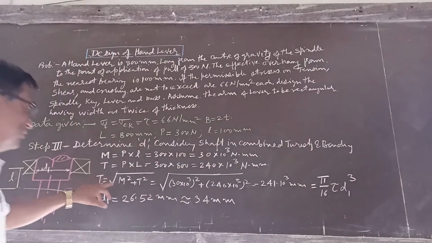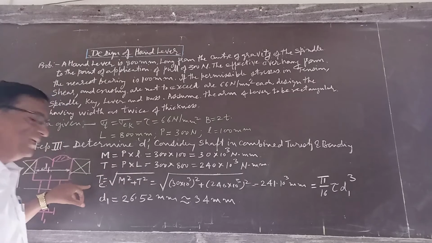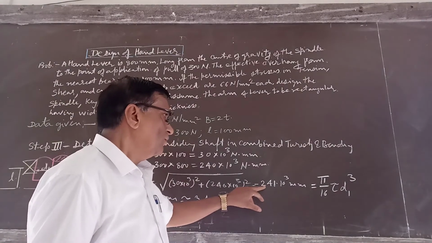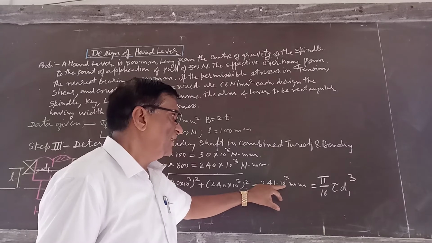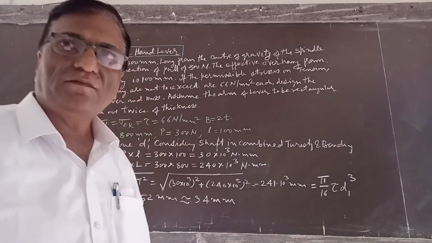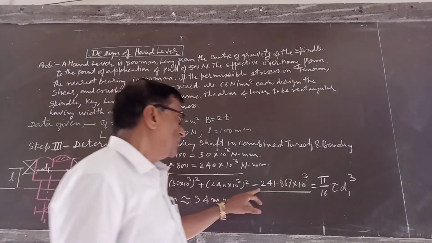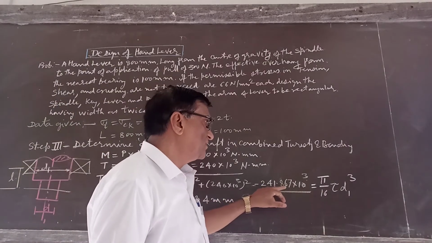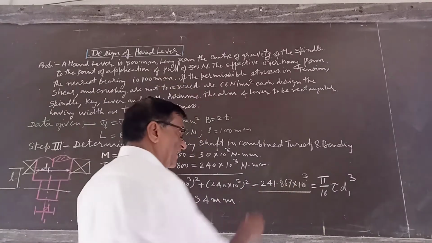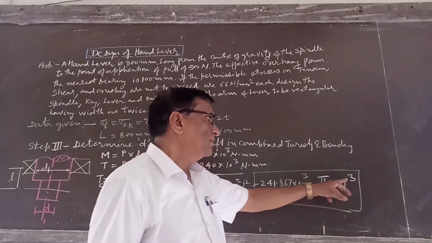Now putting the values of bending moment and torque, we will calculate the equivalent torque. The value of equivalent torque comes out to be 241.867 into 10 raised to 3 Newton millimeter, and that is equated to pi by 16 tau d1 cube.